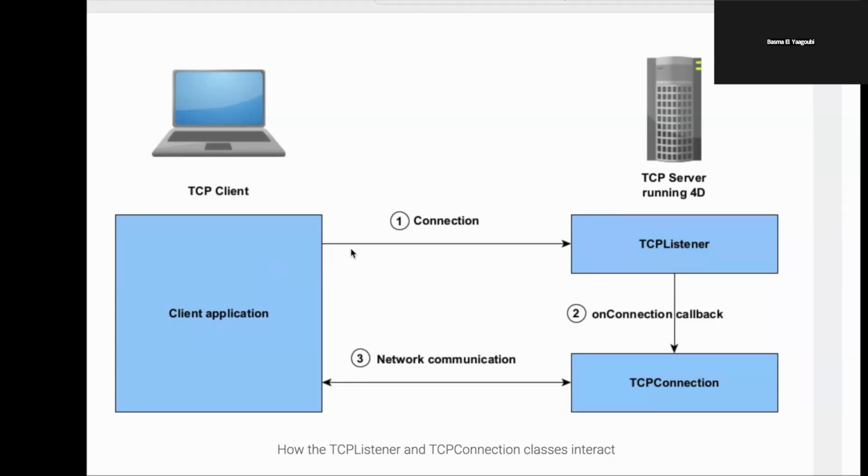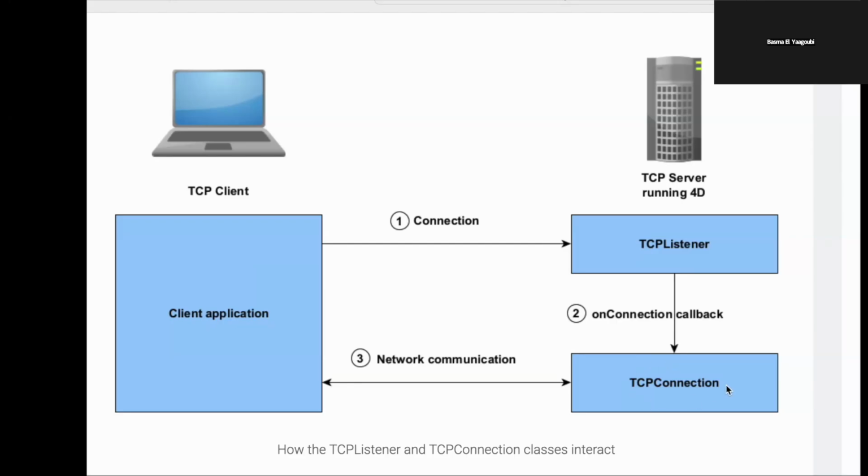So first of all, the client application will start a connection to your TCP server. The TCP listener will be called, especially the on-connection callback. The on-connection callback can return an option object that will be used to create a TCP connection.